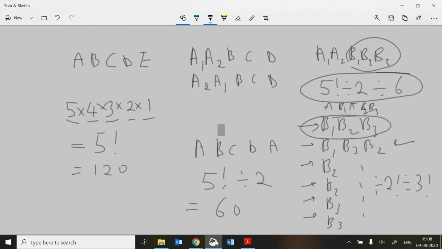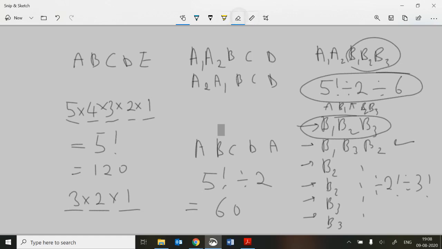Because the number of ways of arranging these 3 things, B1, B2, and B3, is 3 factorial. That's 3 in the first position, 2 in the next position, 1 in the next position, 3, 2, 1 again. Okay, so in fact, we're dividing by 3 factorial.